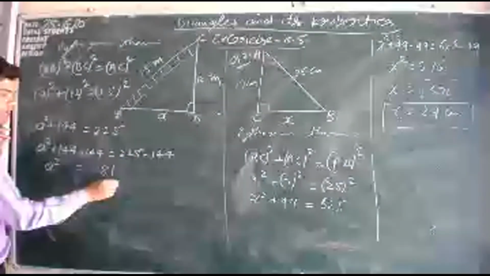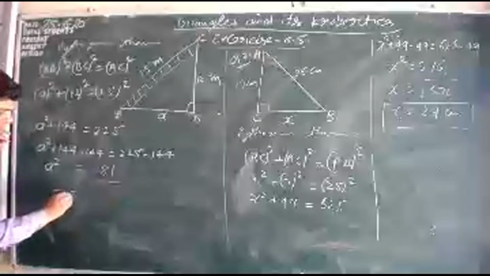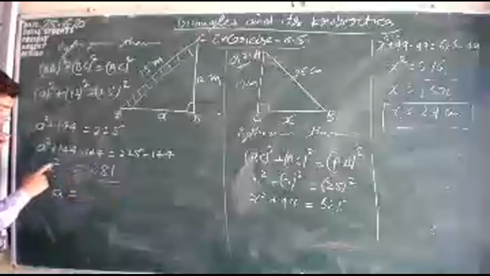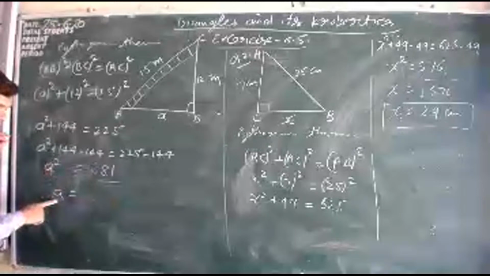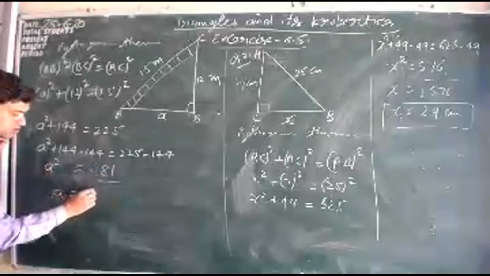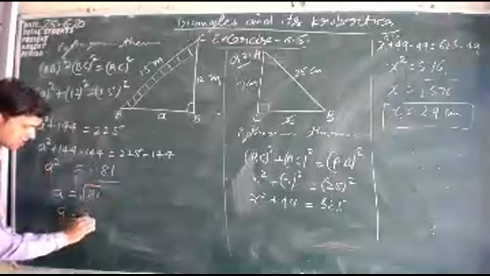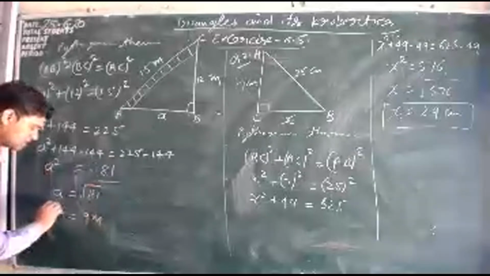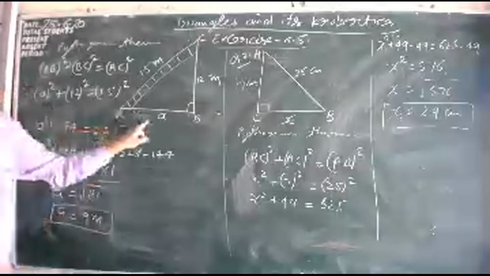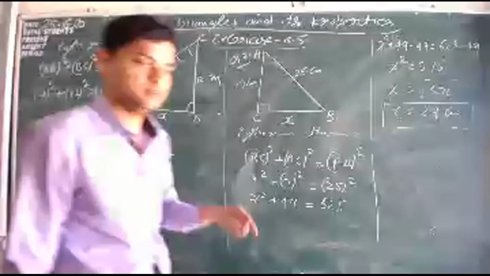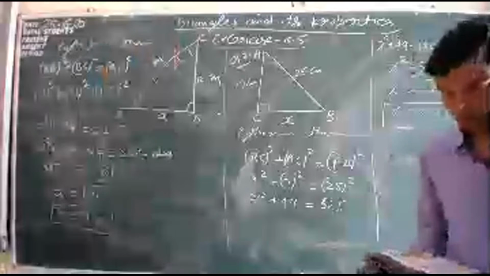Okay, 81. Now A is equal to the square root of both sides. The square root of A square is equal to A and the square root of 81 is equal to 9. 9 is the answer of this side. Clear? This is your solution of the third question.